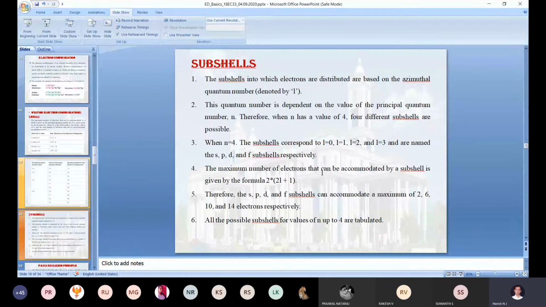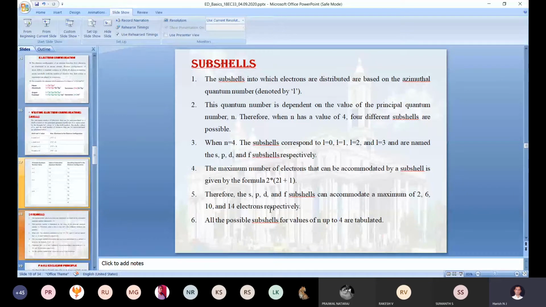The maximum number of electrons that can be accommodated by a subshell is given by the general formula 2 into (2l plus 1), where l stands for the azimuthal number. So you can remember this formula easily, and calculate the maximum number of electrons present in the S, P, D, and F subshells.